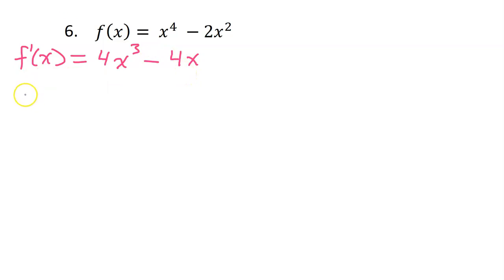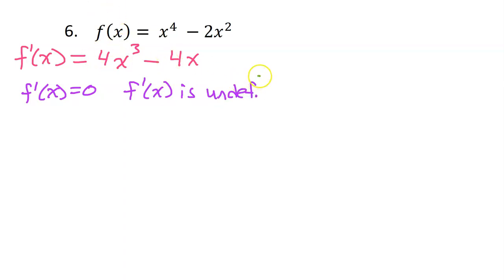Now we find the critical numbers based on where f prime is equal to 0. Ordinarily, we would also ask where f prime is undefined. However, this is a polynomial, and there's nowhere that a polynomial will be undefined. So we can just focus on setting f prime equal to 0.